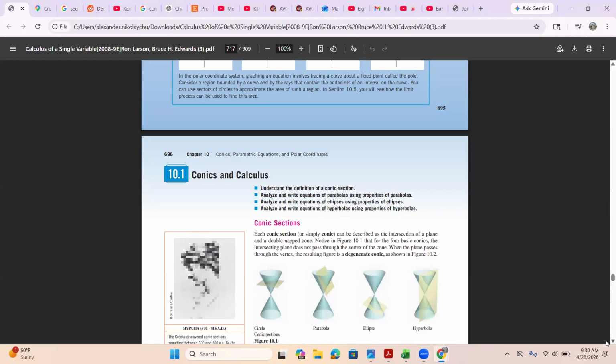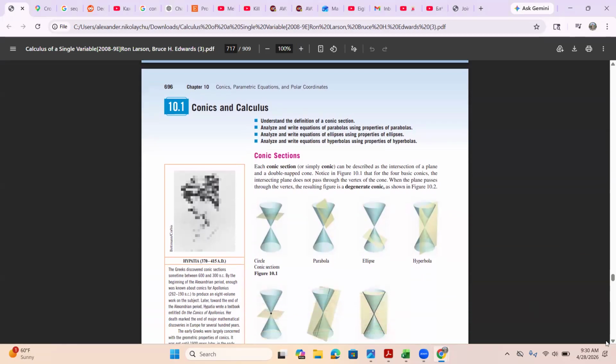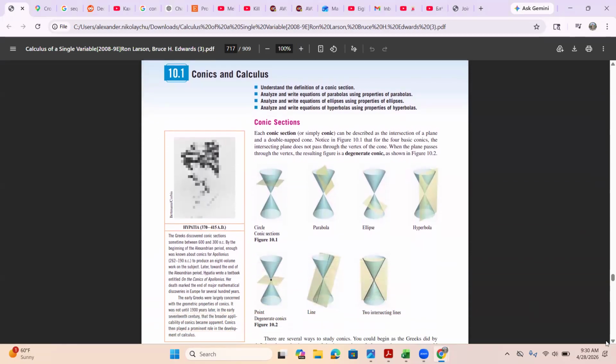The way we can think of a parabola now is a little bit different. So the parabola that we used to have was an equation with squares, right? So y was on one side, and then x squared was on the other side.